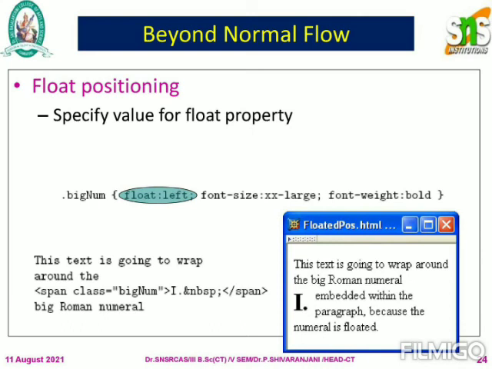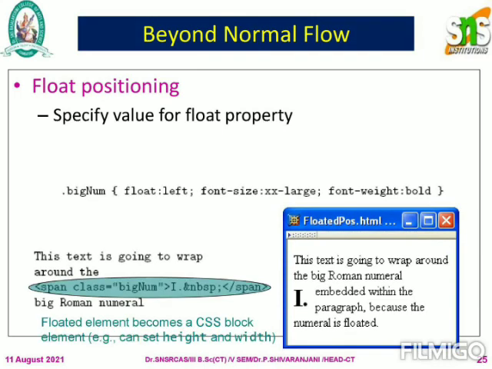You can also specify the value for the float by these classes. Now I have used the big num with a space, and next it should be in Roman numeral characters. The next one is your absolute positioning.